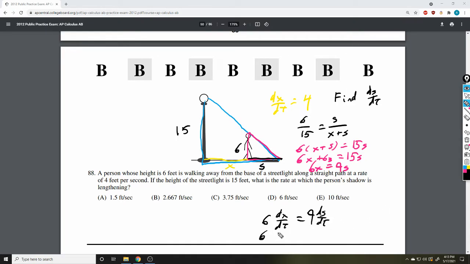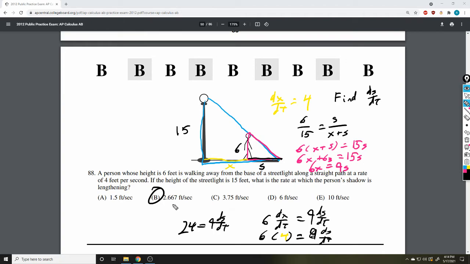So I'm going to plug in 4 for dx/dt to solve for ds/dt. 6 times 4, that's 24 equals 9 ds/dt. So that's going to equal 8 over 3, which is b.